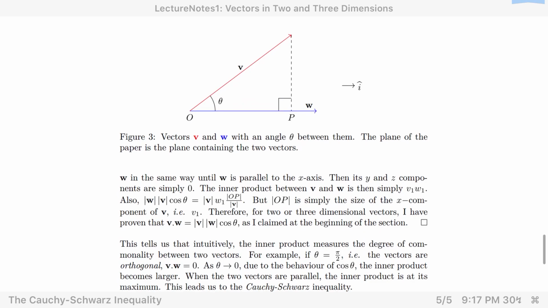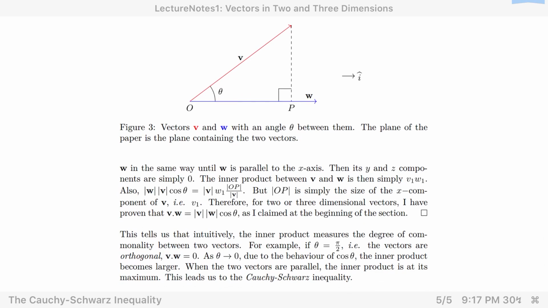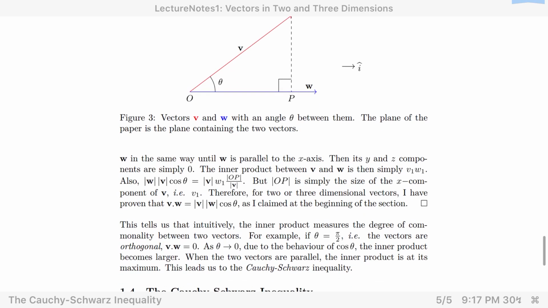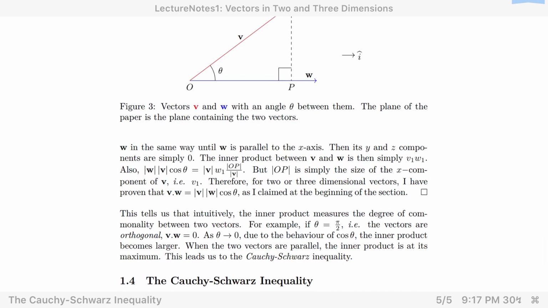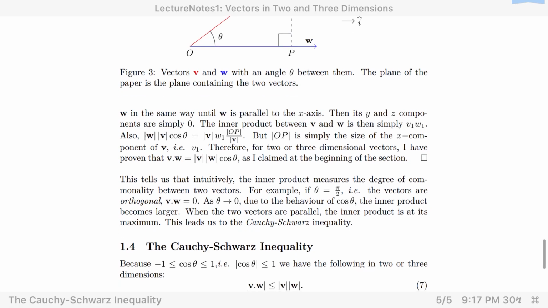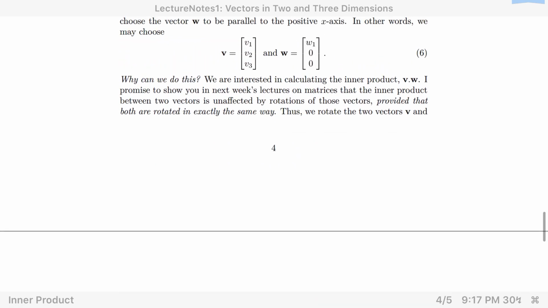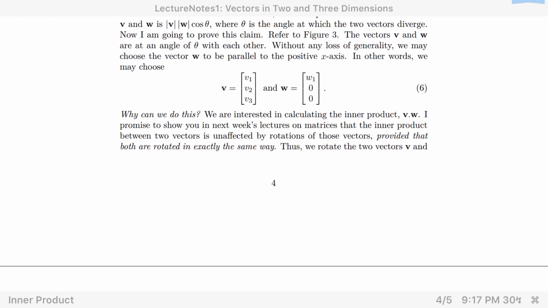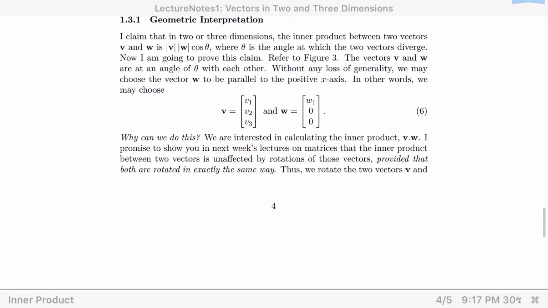So what is the x component of v? It's v1, so OP is just v1. And so cosine theta is v1 over the modulus of v. So modulus w times modulus v times cosine theta is basically w1 v1. But w1 v1 is exactly equal to v dot w by definition.